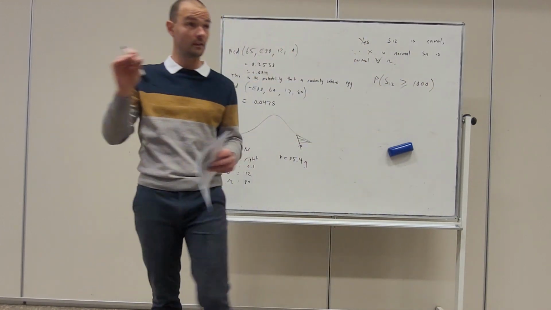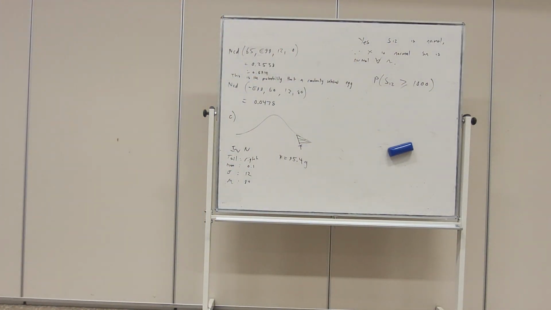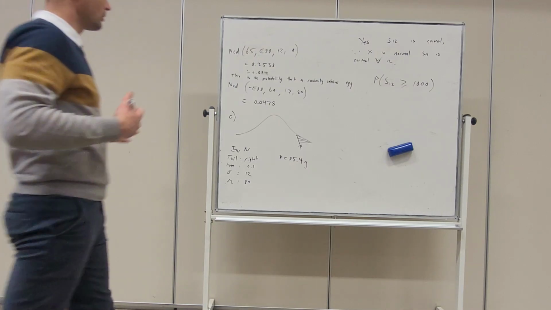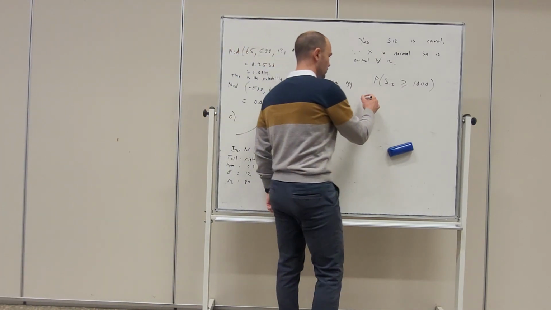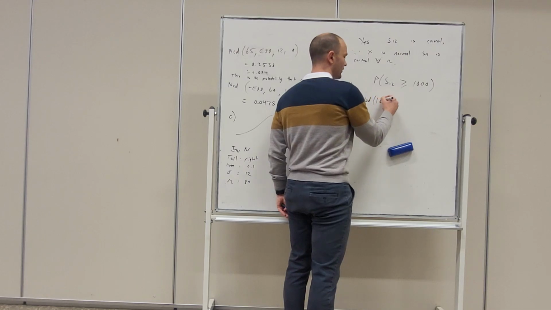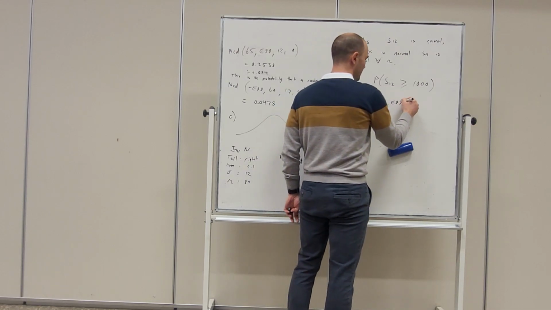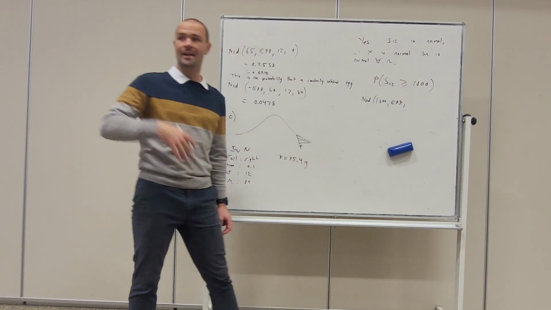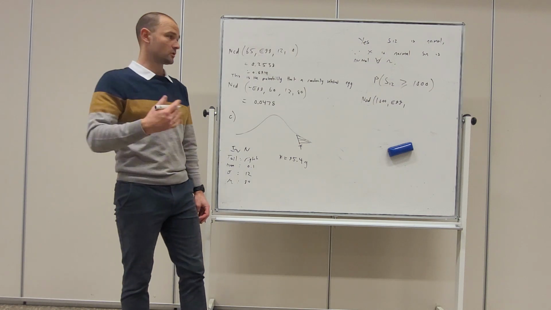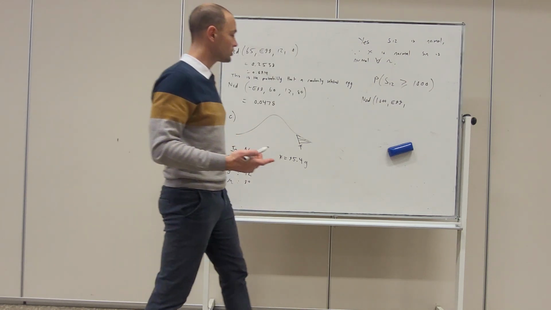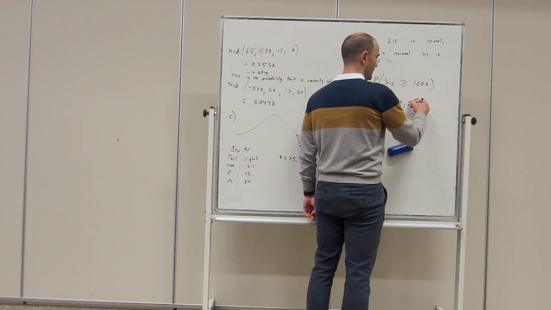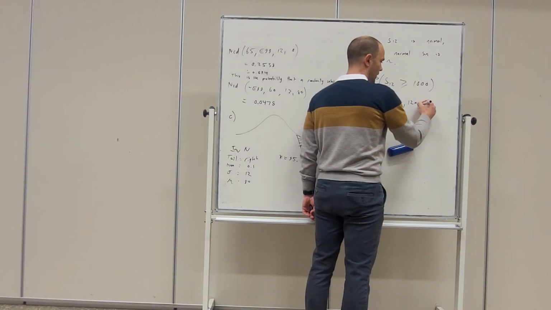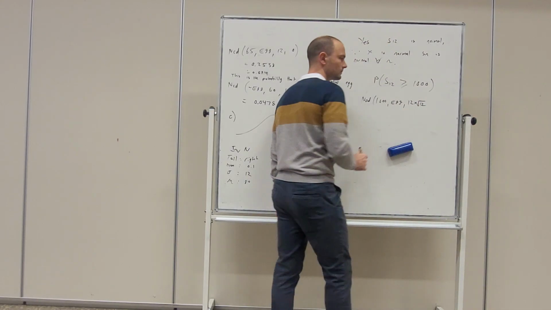Okay, so we've got to consider the unit conversion. Those will pop up, they'll sort of just sneak in there. And so what we're going to do is say, well, it's an NCD calculation. Our lower boundary is 1,000, our upper boundary is infinity. And then we need the mean and the standard deviation of the variable S12. So the standard deviation of S12 is going to be the standard deviation of X times the square root of n.